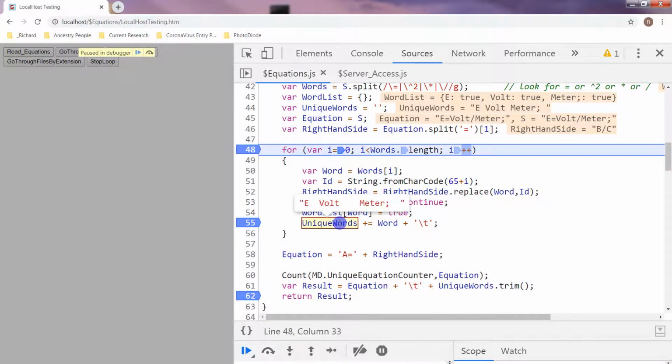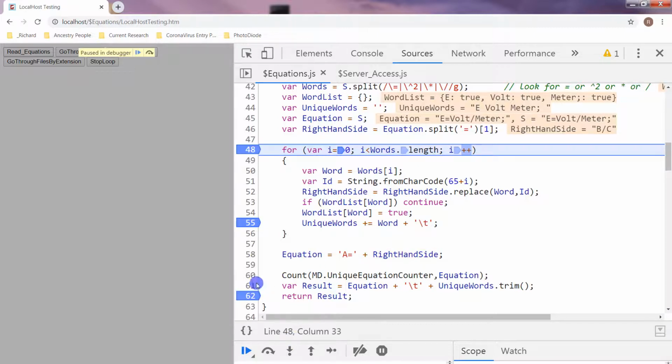Okay, so those are the unique words that were in there. The word list is that one, and the right-hand side now looks like that. Basically, I took the B, the word. There are a bunch of ways to do this, but I wanted to standardize the thing.